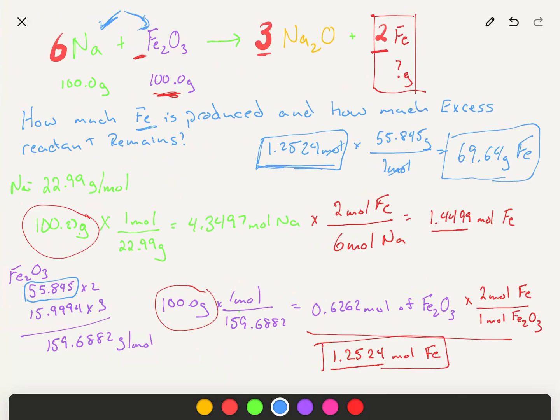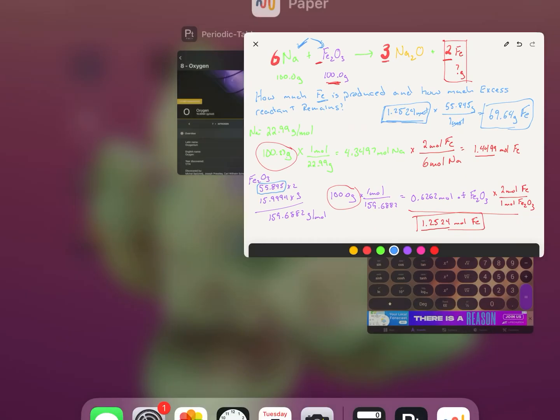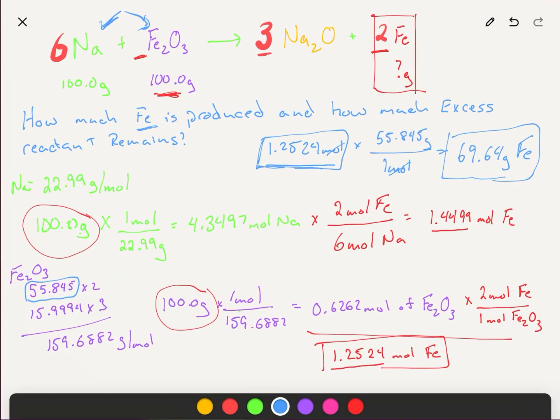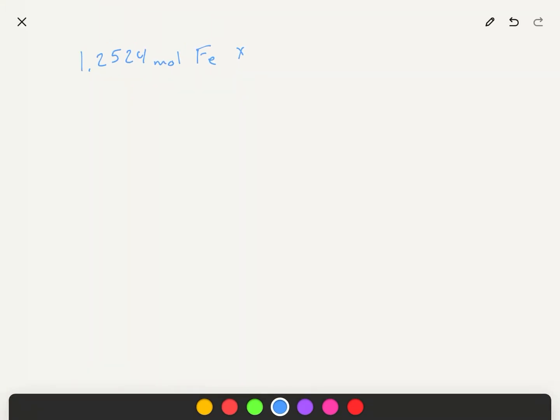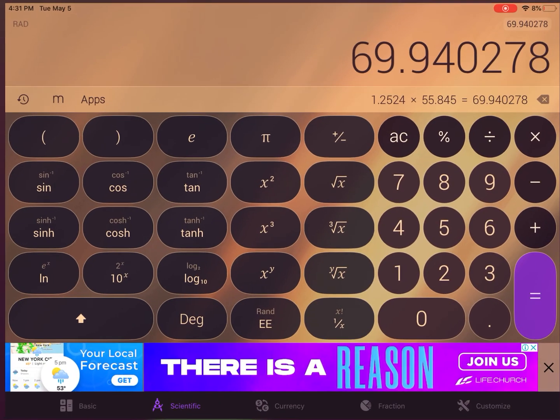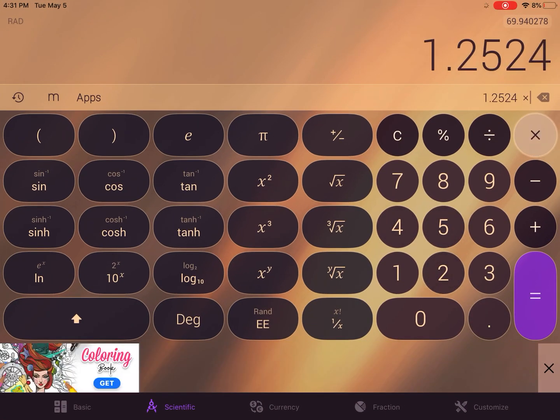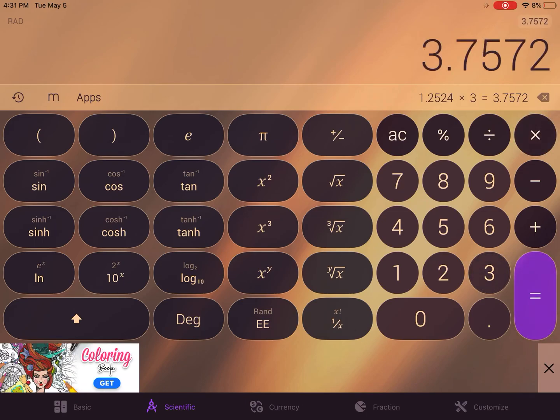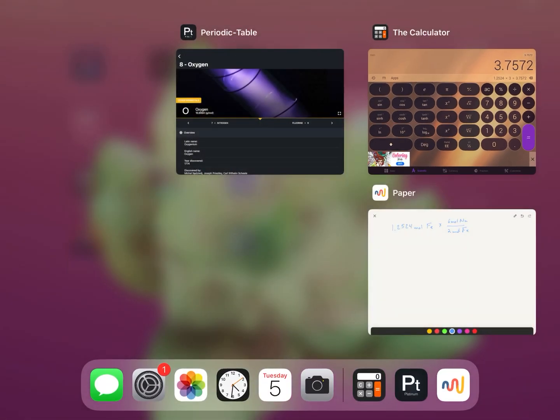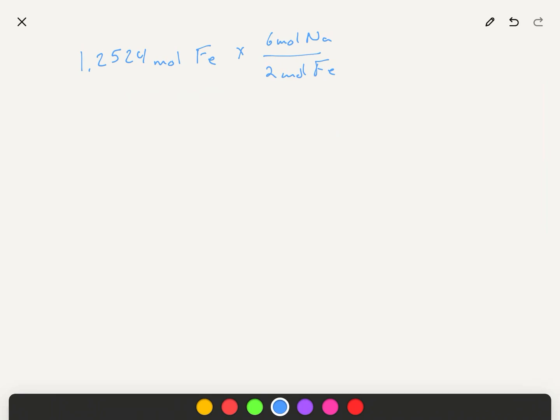So we're going to multiply by 6 and divide by 2, because we want 6 moles of sodium over 2 moles of iron. And so essentially we're just multiplying by 3. We get 3.7572 moles of sodium were used.